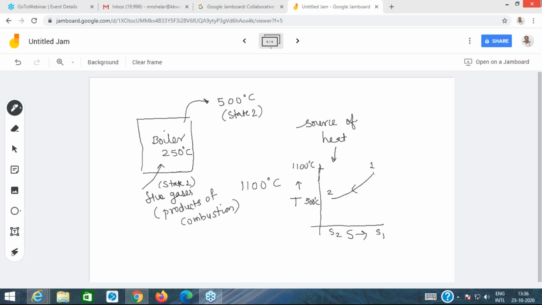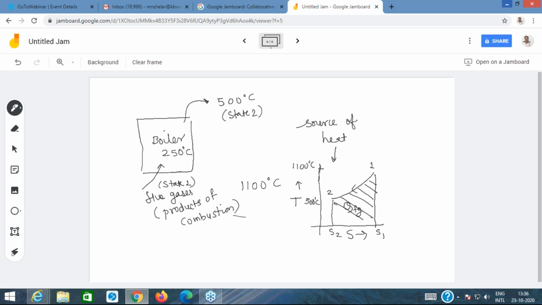The area under the line 1 to 2 is the heat transferred by the flue gases, right? So the area under 1 to 2, if I show it by hatched lines, this area is the heat which is transferred by the flue gases.